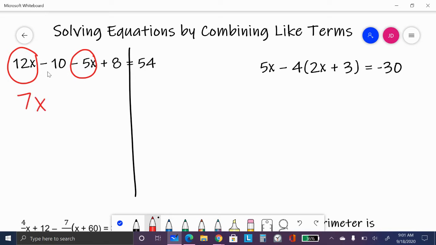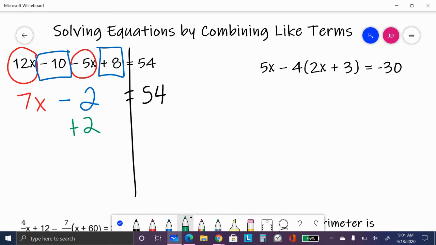And then I take a look here. We have negative 10 and 8. Negative 10, I'm going to box that, and 8, and I get negative 2. So when I combine those, it makes it into a nice two-step equation that we're used to solving. We just add 2 to both sides, and we get 7x is 56.